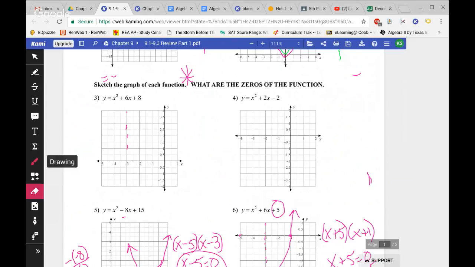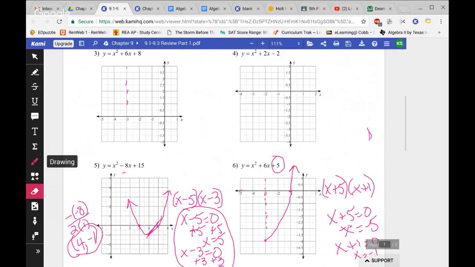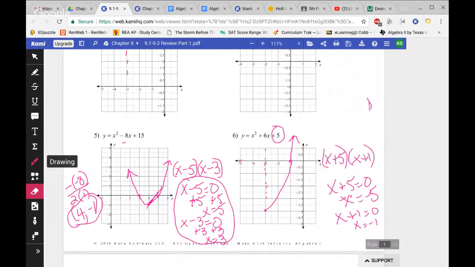And on number 5, if I take -5 and -3 and multiply them, I get +15, but when I add them, I get -8. So it would cross the x-axis, and you set it equal to 0, so it's going to cross the x-axis at 5 and 3.